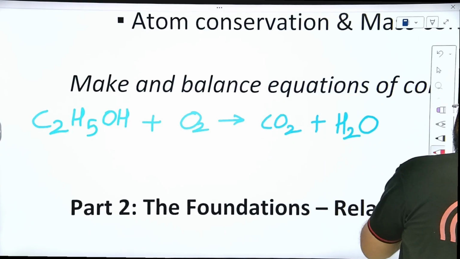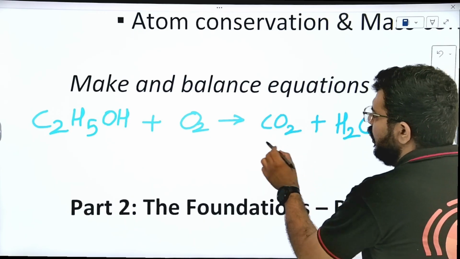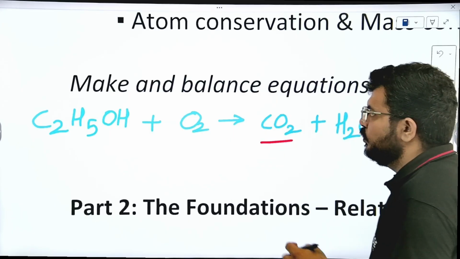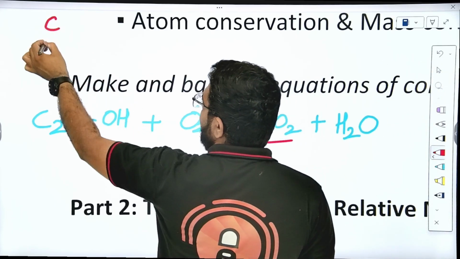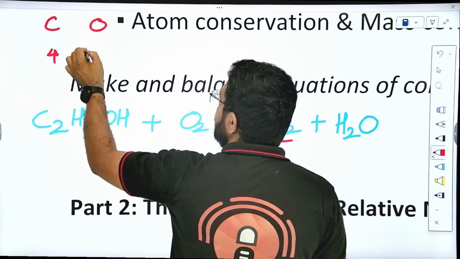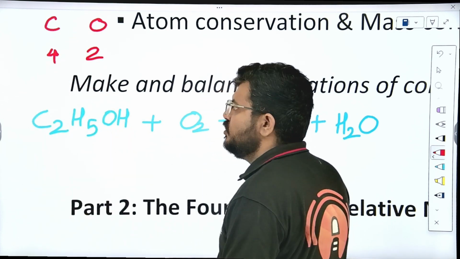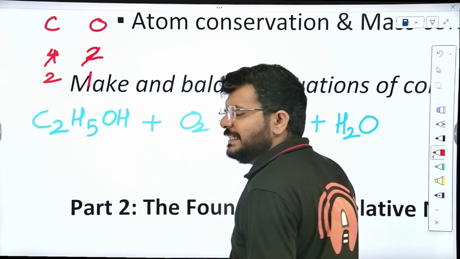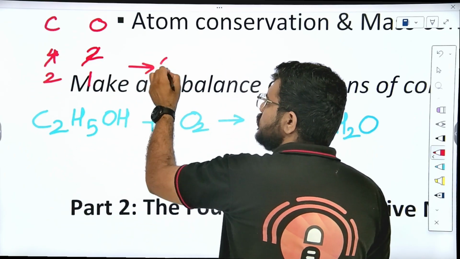Now I will take this opportunity to show you why carbon dioxide, for that matter, is CO2. Carbon has a valency of 4, right? Oxygen we know now has a valency of 2. In the cross method, I can make this ratio which translates to CO2.